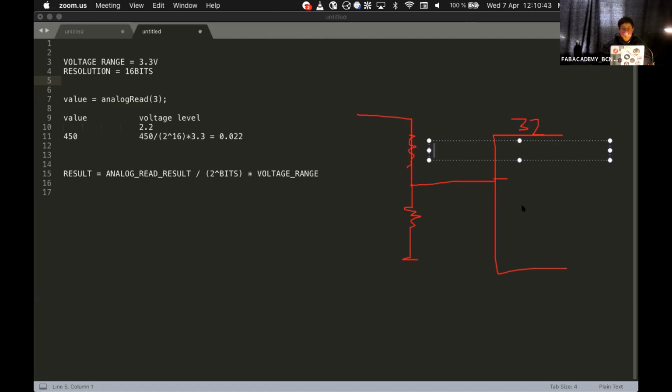This voltage divider is 5,000 and this is 2,000. I know that my microcontroller is up to 3.3 volts and has a resolution of 16 bits.